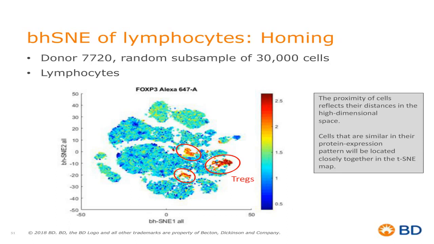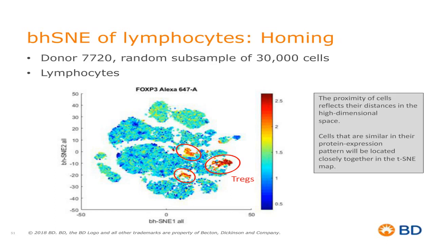It's taking all of them and putting them near each other based off of their protein expression. And so the FOXP3 or the Treg markers may not be more dominant in terms of the particular proteins that were being analyzed in this panel. But they're within proximity of each other.